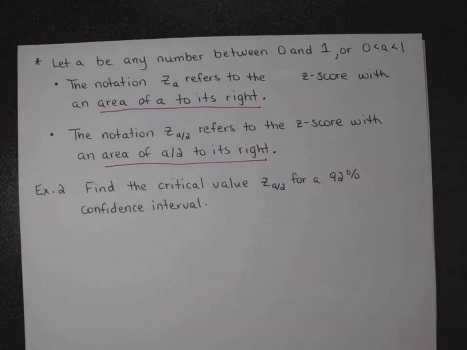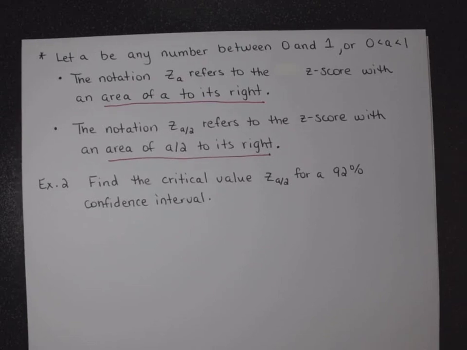Notice 92% is not one of the values found on the bottom of the 8.3 chart. It goes 20, 50, 80, 90, 95, and then 98, 99, and so on. Skips over 92 altogether. So first we do need to figure out what A is.